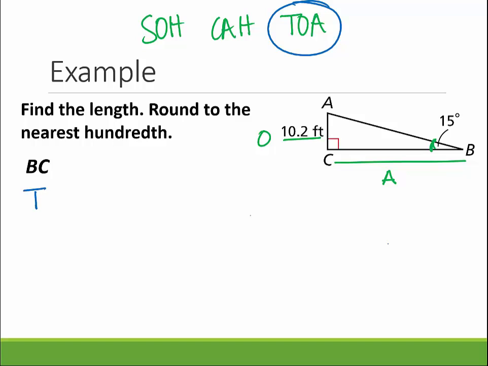So what I'm going to do is take the tangent of the angle, the 15 degrees that they give me, and I know that has to equal the ratio of the opposite side over the adjacent side, which I don't know, so we'll call it x. The tangent of 15, like we just proved, is just a number. So the tangent of 15, I got 0.2679.